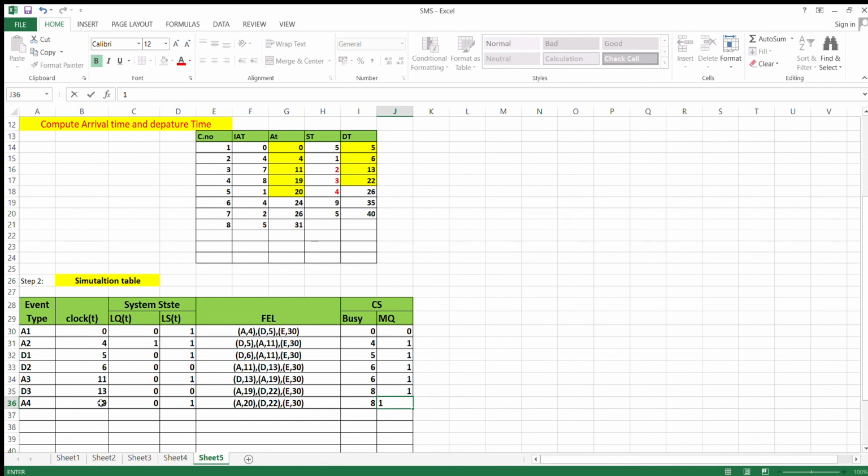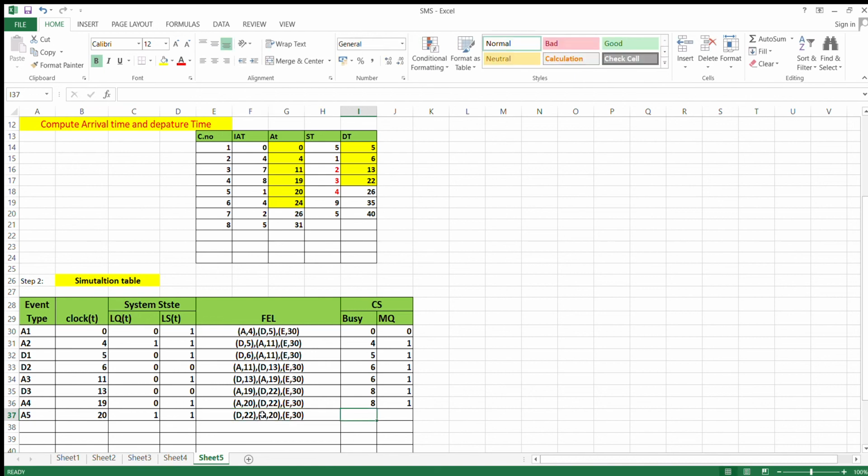The next minimum is 20. Advance the clock to 20. The event is A5. So A5 will move to the queue. A4 will be in service. So we remove the arrival, which means we add the next arrival. So first write down D22, A24, E30.